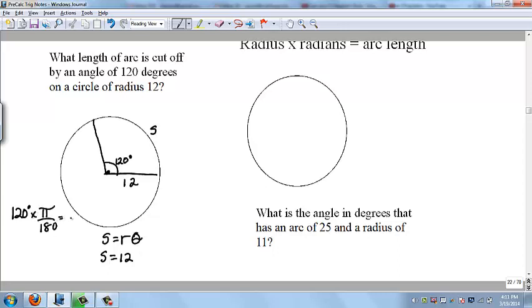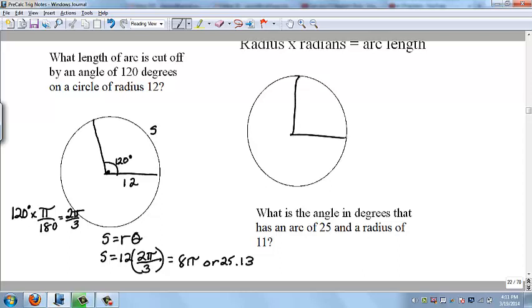So that converts to 2 pi over 3. So I put 2 pi over 3 in my equation. That reduces down to 8 pi or 25.13.